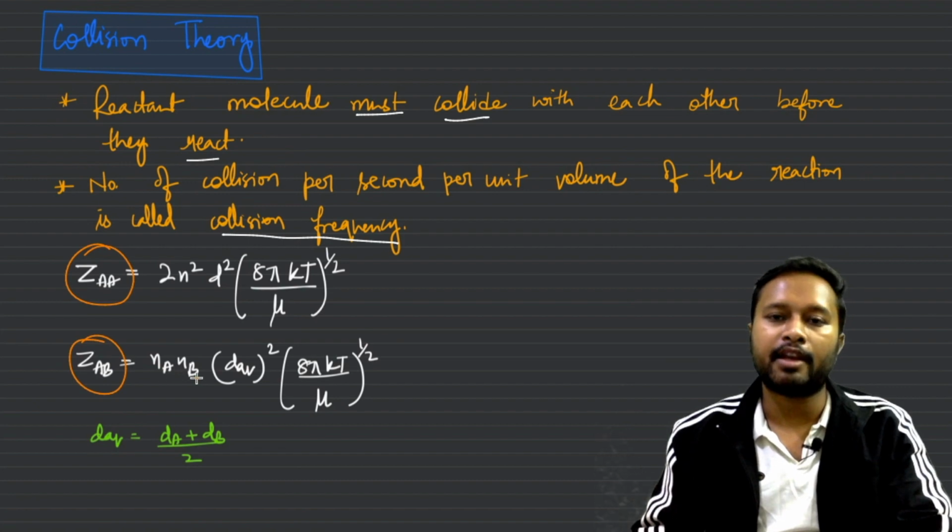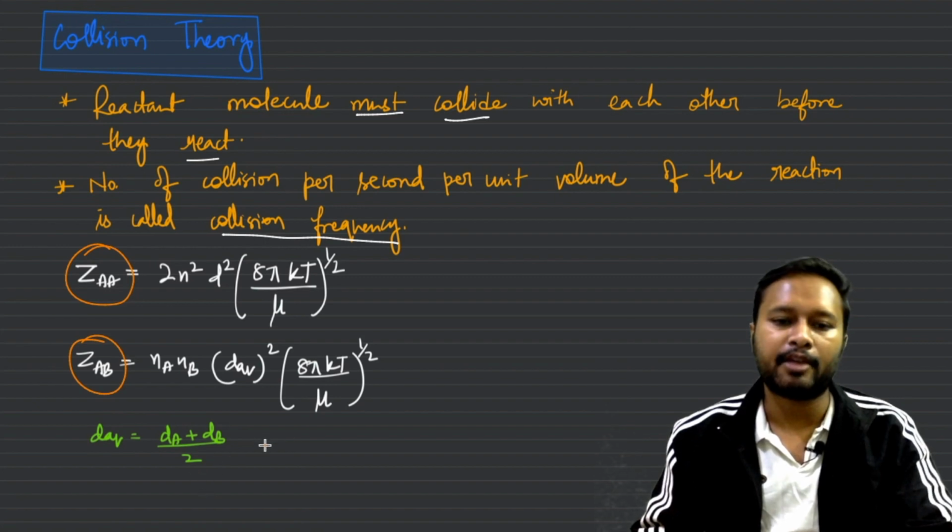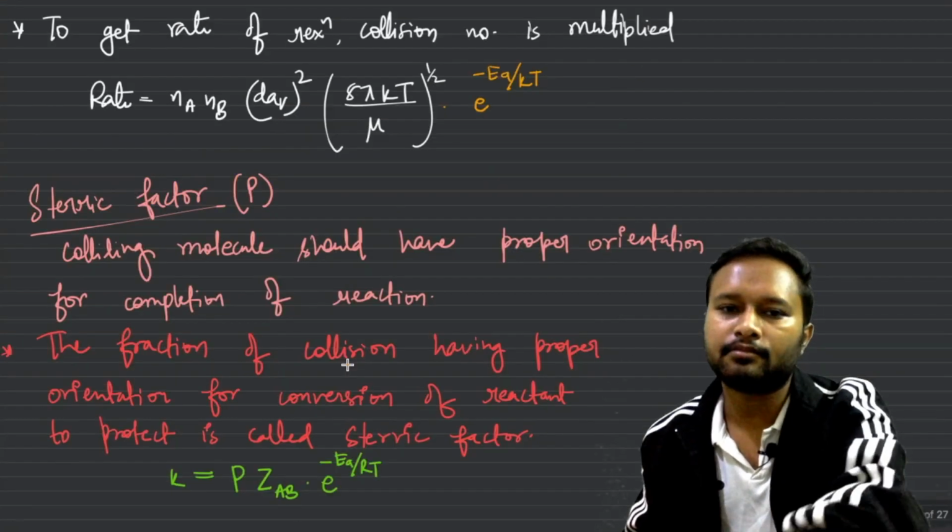Here NA and NB are the number of molecules of A and B respectively. dAB is the average diameter, which is calculated as dA plus dB by 2, that's the diameter of A plus diameter of B divided by 2. And for 8 pi kT, again all the other terms are the same: k is the Boltzmann constant, T is the temperature, mu is your reduced mass.